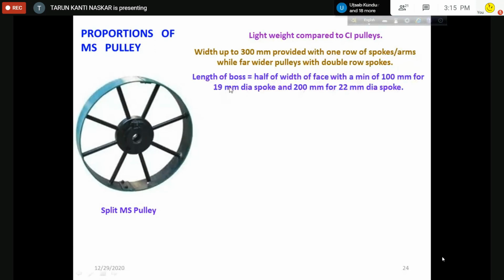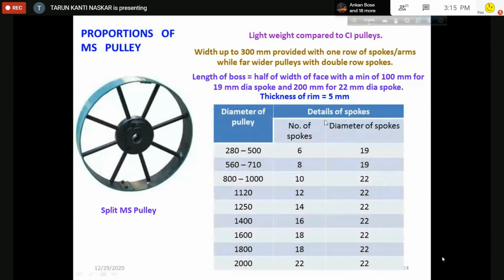Now these are the dimensions: length of boss, half of width of face width. These are the dimensions, and the dimensions of spoke also. Thickness of rim is 5 millimeter, and these are the details of spoke: number of spokes, diameter of spokes, and this is the diameter of pulley. For this diameter of pulley, it is 280 from 500.